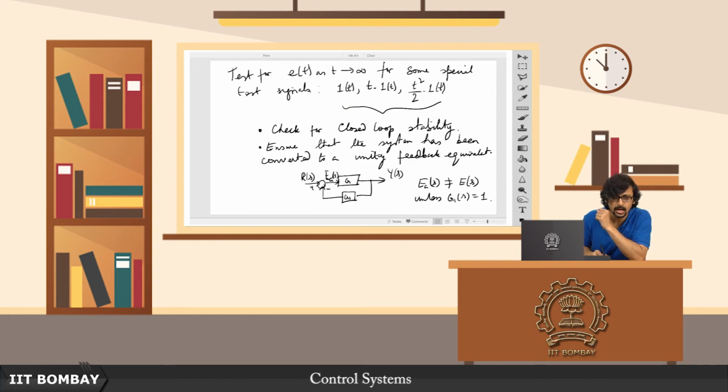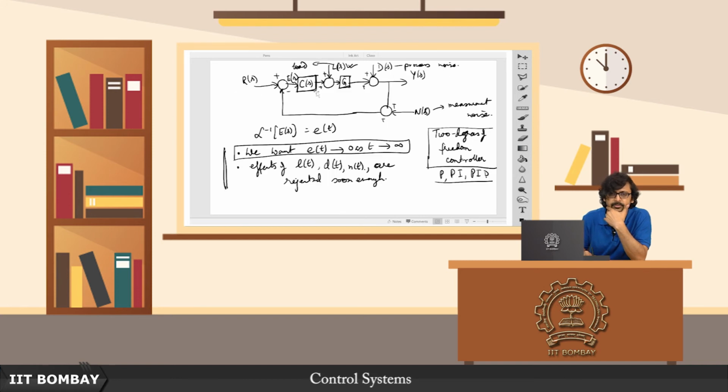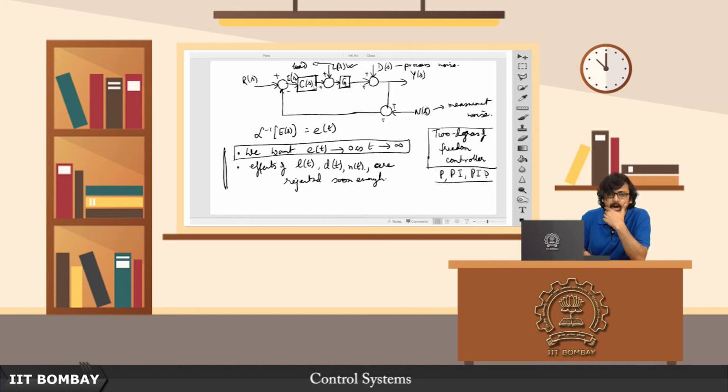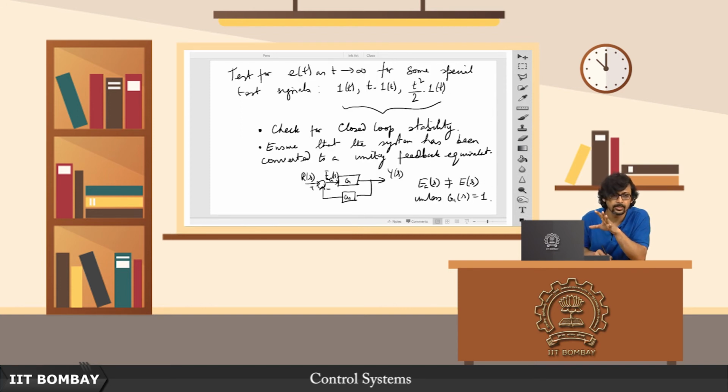And the third thing is, now in addition to this reference tracking, if someone also puts in this load disturbance signal like we have considered here, then you need to also be able to reject that load disturbance. So, find out the transfer function between R and Y, find out the transfer function between L and Y, and see what sort of a controller will allow you to track the reference and reject the load. That is basically going to be the goal of the overall system.